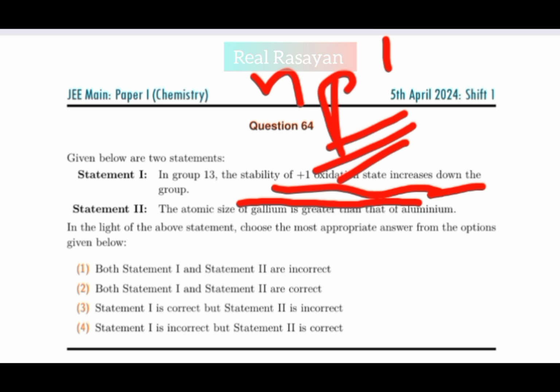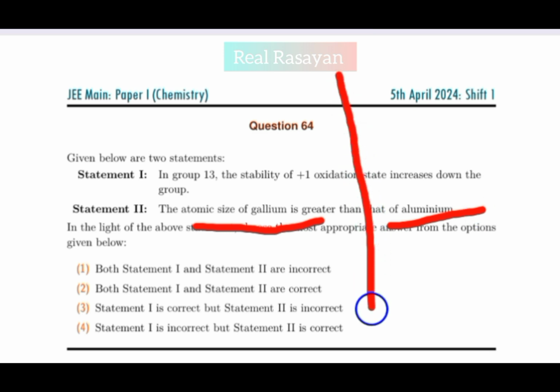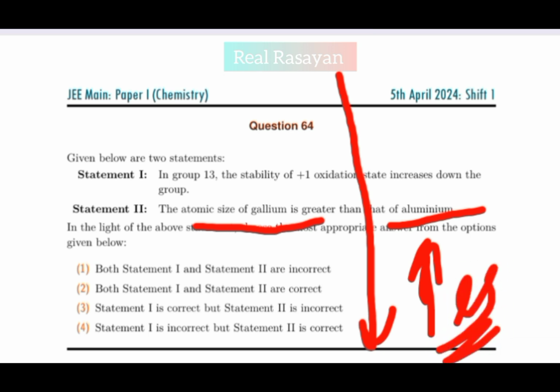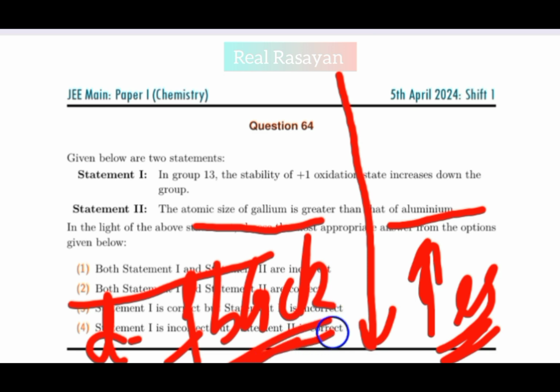And the second statement is the atomic size of gallium is greater than that of aluminium. On moving down the group, atomic size increases if the regular trend follows. But here, because of the inert pair effect and the intervention of the d and f block elements, there is a decrease in the size of the elements in the third and fourth transition series.